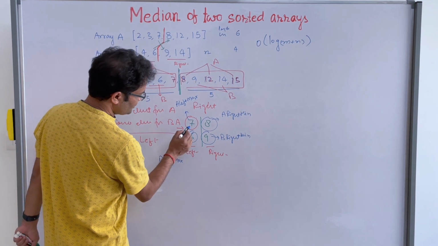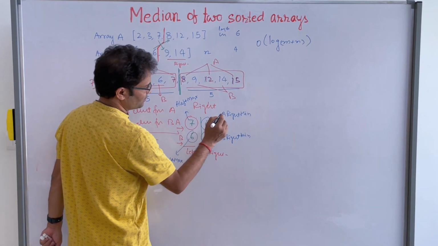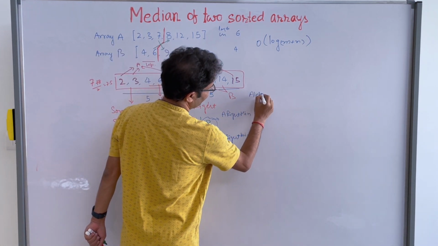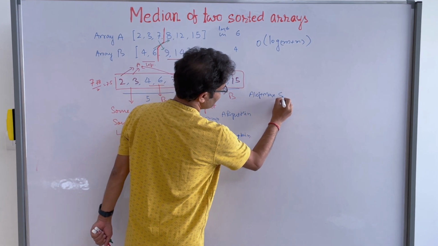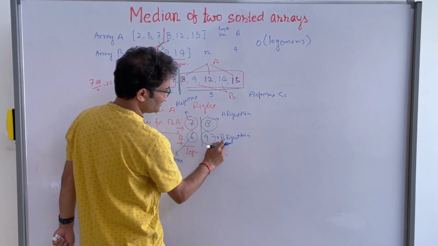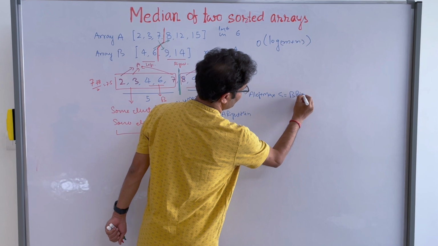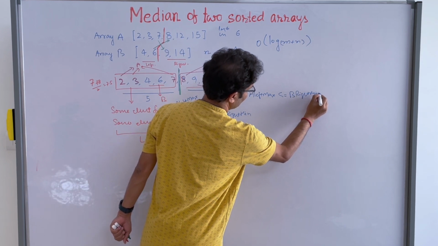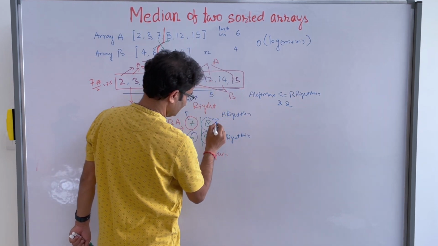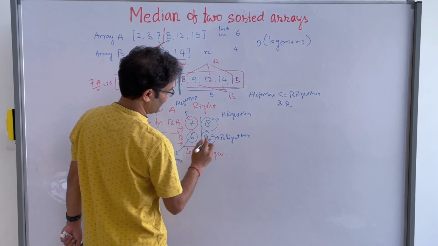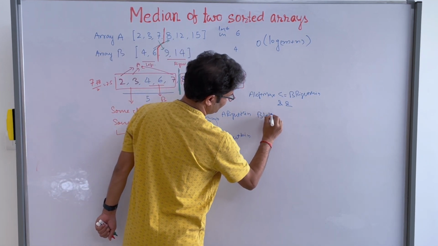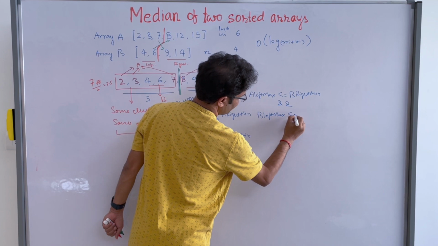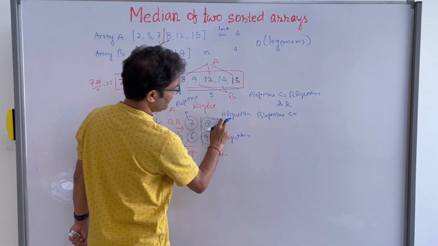And if your 7 is less than the 9, it means A left max is less than the B right minimum, and this B left max is less than the A right minimum.